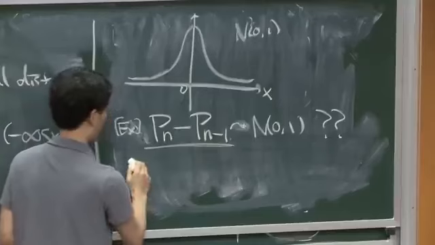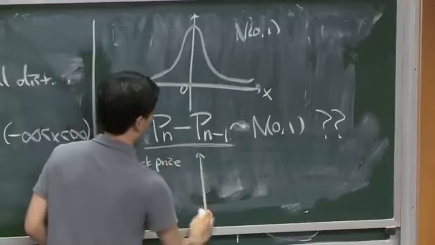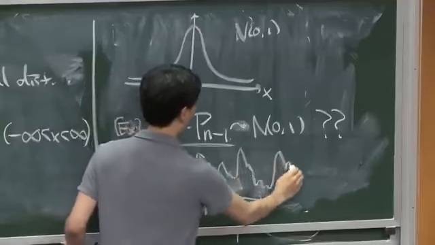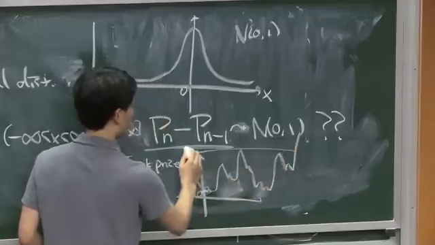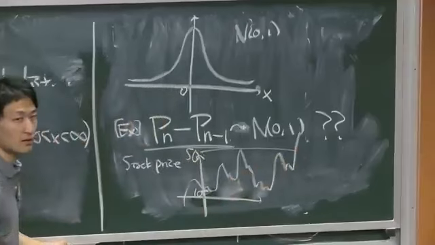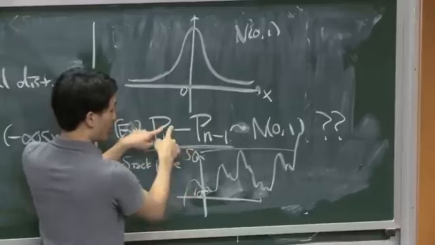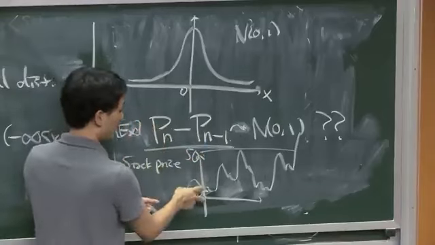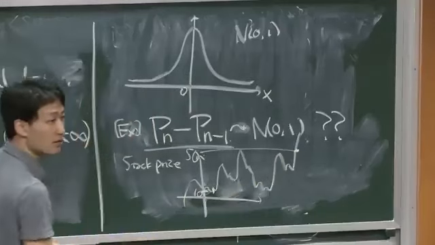So let's say you have a stock price, something like that. Say it was $10 here and like $50 here. Then regardless of where your position is, it says that the absolute value of the increment is identically distributed at this point and at this point.